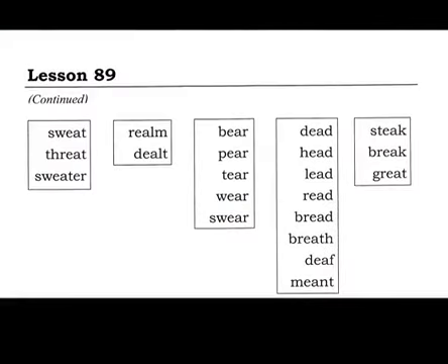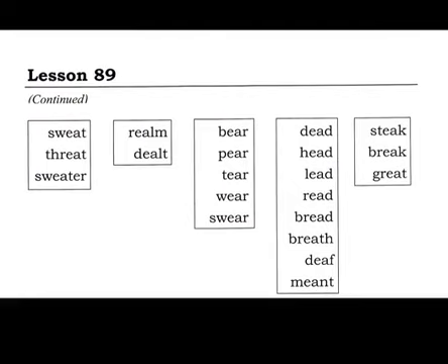Now, in lesson 89, we take up all of the exceptions to the EA rule. For example, S-W-E-A-T is not pronounced sweet. It's pronounced sweat.